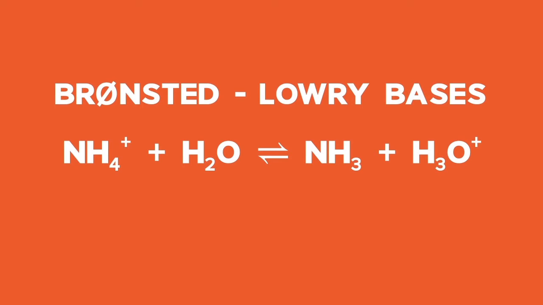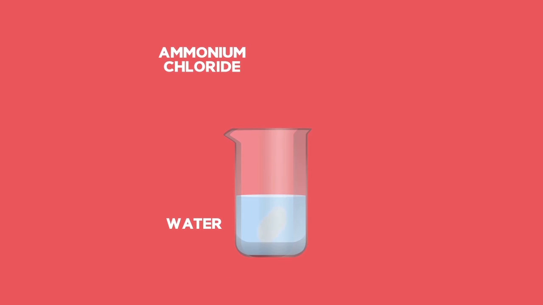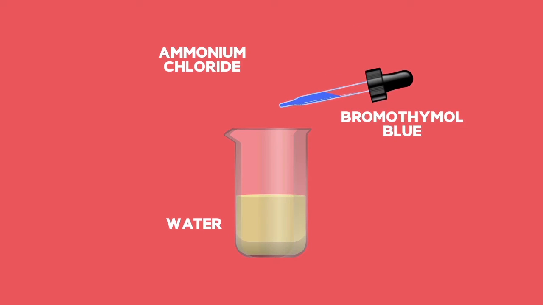An equilibrium is set up in the solution. Both reactions occur at the same rate, but the equilibrium lies to the right. There is an increase in the concentration of hydronium ions when ammonium chloride dissolves in water.